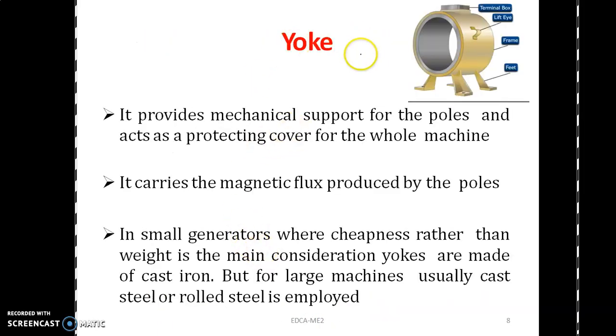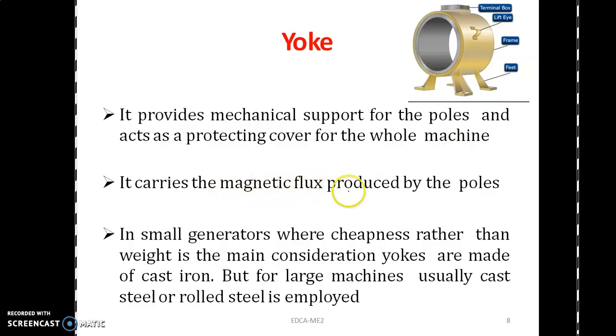The first part is the yoke. The yoke is nothing but the magnetic frame. The outer covering of the DC machine is called the yoke. The function of the yoke is to provide mechanical support for the poles, that is, the magnetic poles, and to act as a protecting cover for the whole machine.